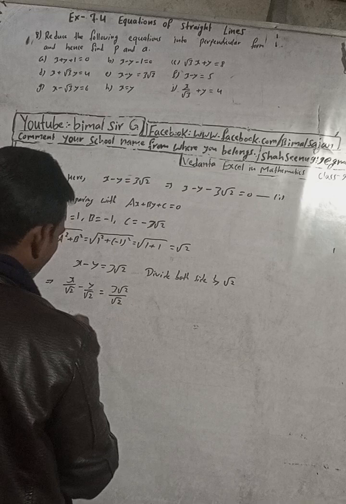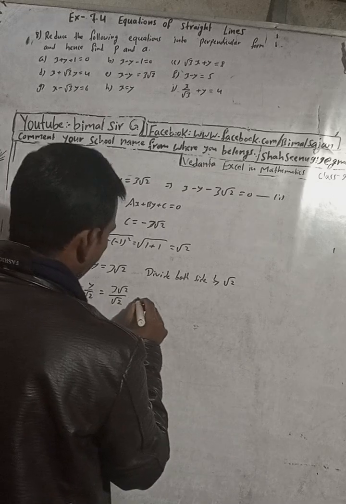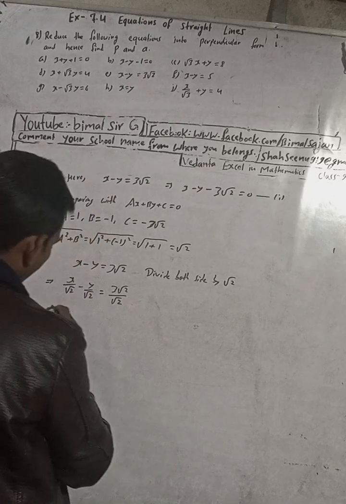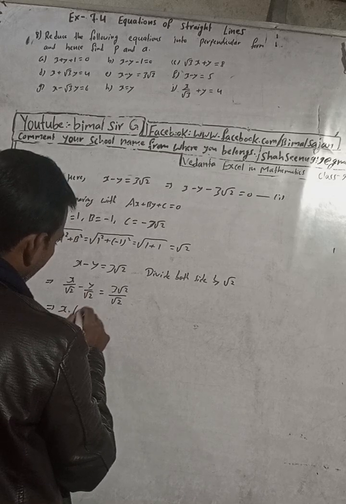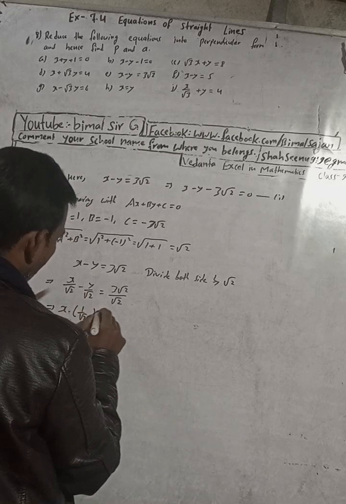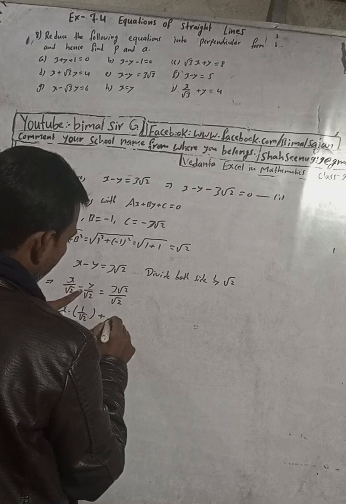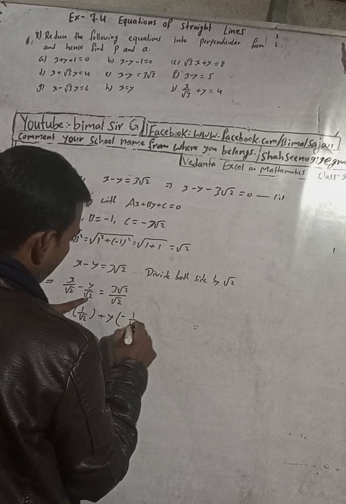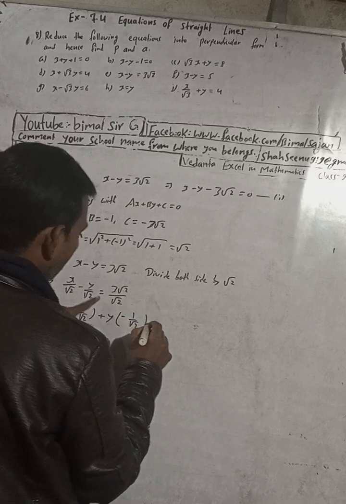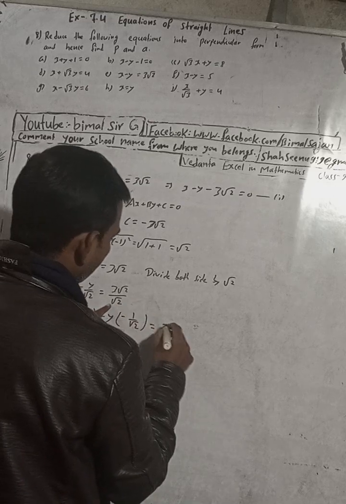So this equation can be written as x times 1 by root 2 plus y times minus 1 by root 2, taking the minus inside, and is equal to 3, since root 2 cancels.